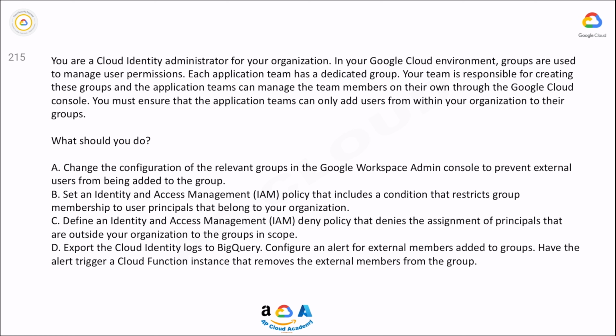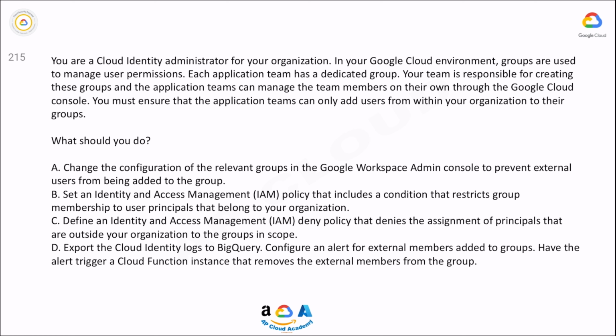A. Change the configuration of the relevant groups in the Google Workspace admin console to prevent external users from being added to the group. B. Set an Identity and Access Management (IAM) policy that includes a condition that restricts group membership to user principals that belong to your organization.